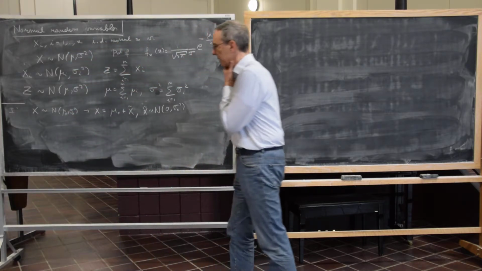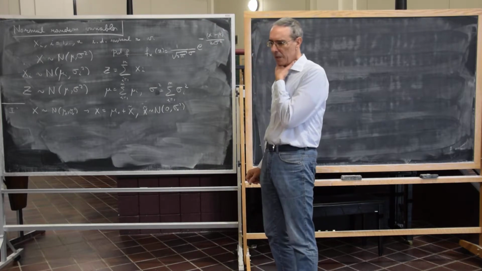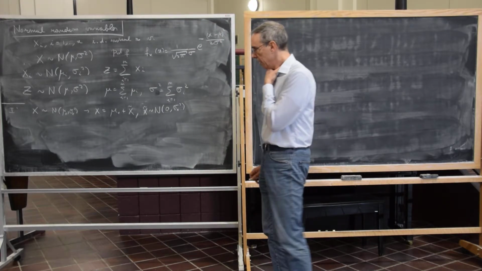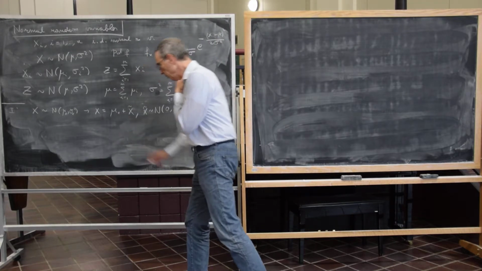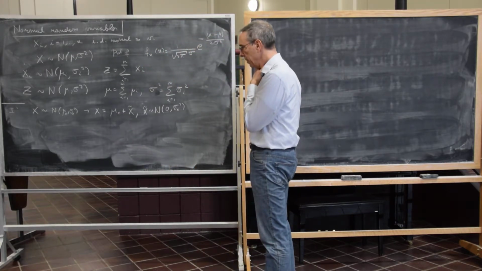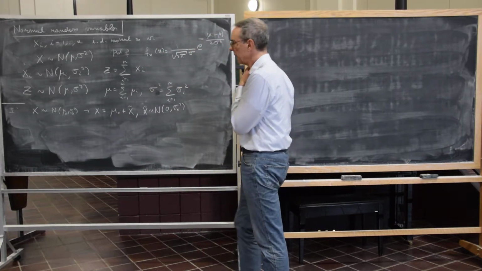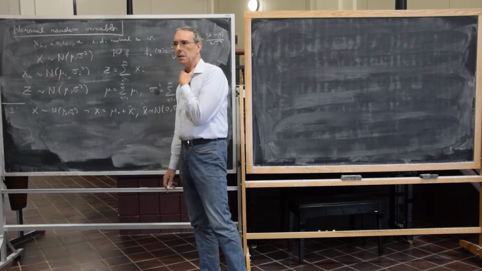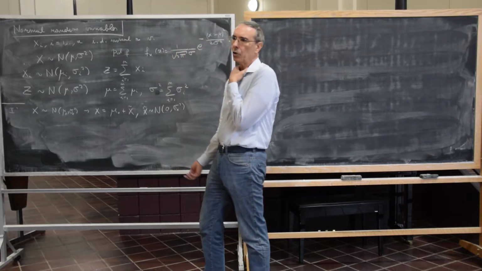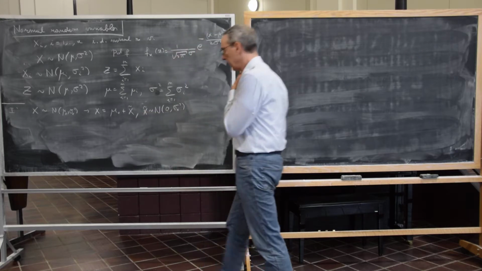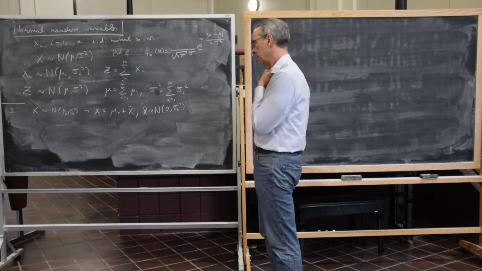So the first claim is that if I have a random variable which is normally distributed with the mean mu, I can always think of this random variable as the sum of the mean plus another random variable, x tilde, which is normal 0 sigma squared.